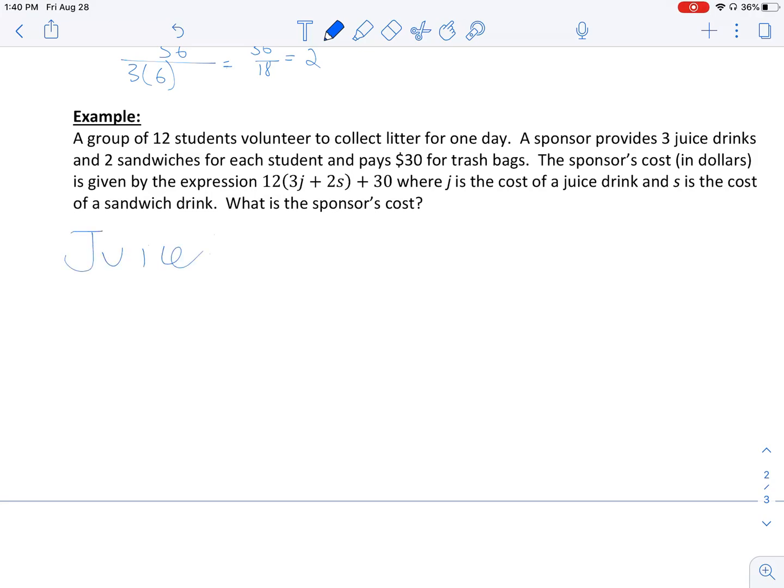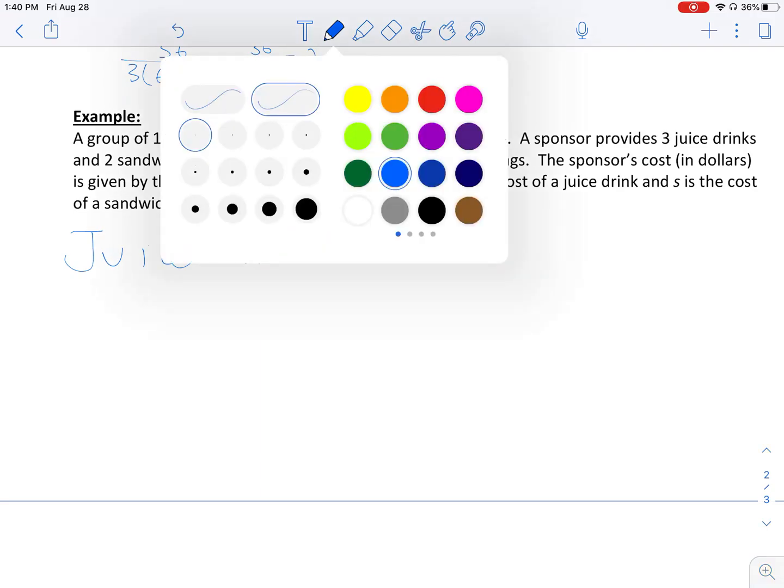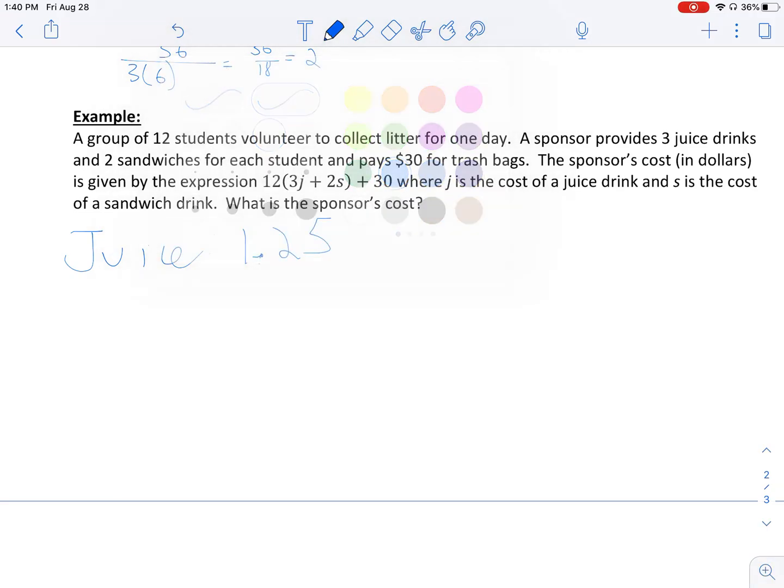Juice was $1.25, and a sandwich was $2. Okay, so juice is $1.25, sandwich is $2. I think I made a typo. That was supposed to be typed into the word problem, and it was not.